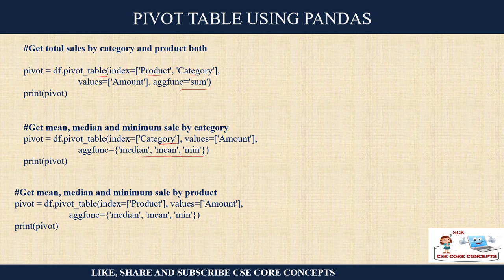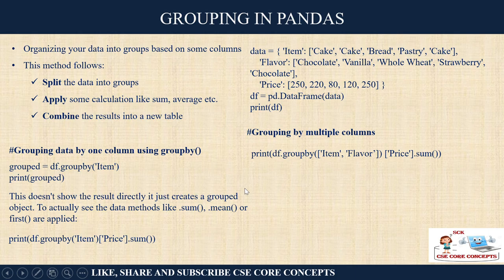Okay, you can use multiple functions. You have to write them within the curly brackets. And then you want to do it for the product, for the amount you want to find out for each product the median, mean and minimum value, right? So this is about the different types of pivot table. Then you can even perform grouping, organizing your data based on groups, right?